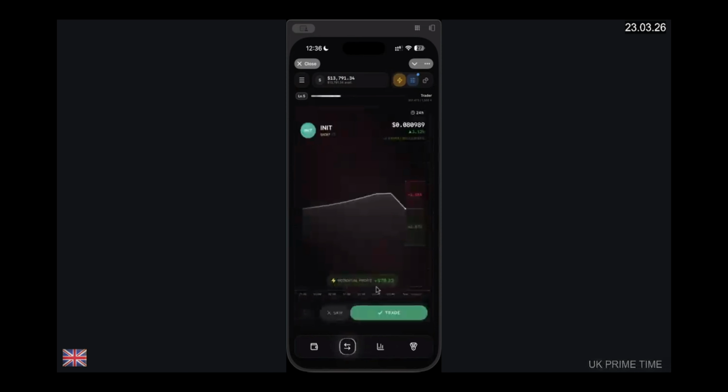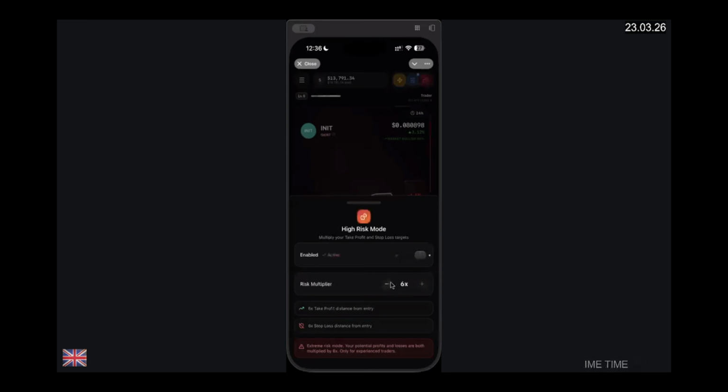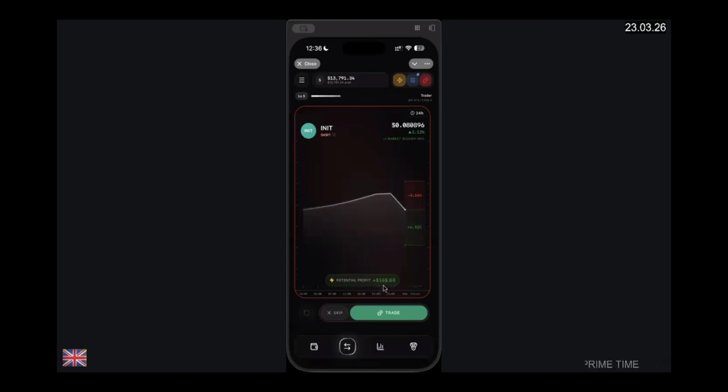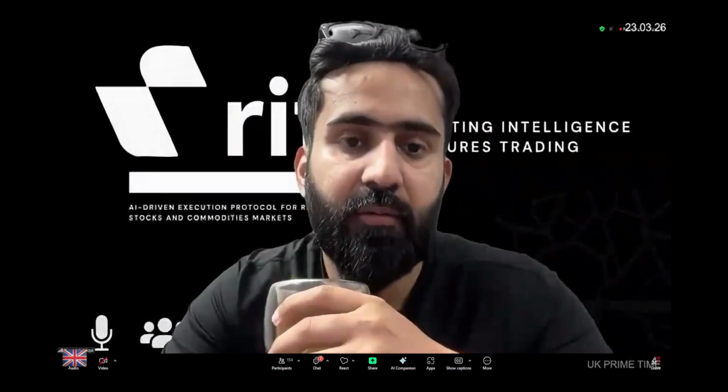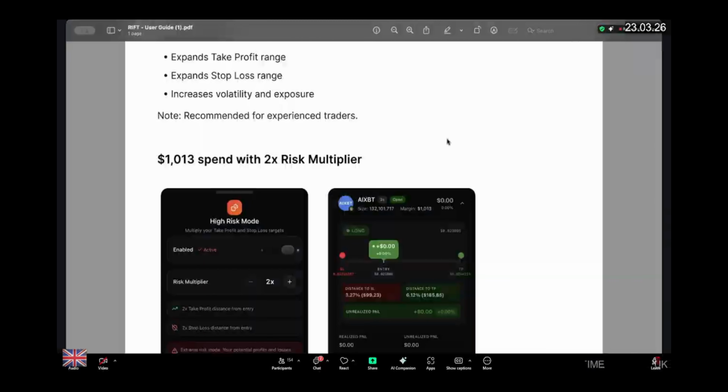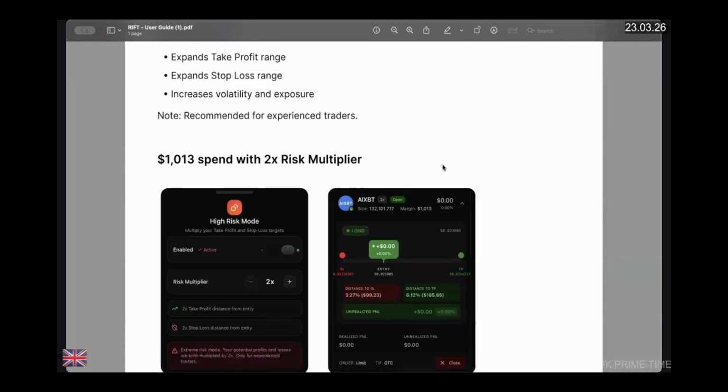That makes it around $40 worth of stop loss point and $74 worth of take profit point. Now if we put high risk mode on the same trade at 2x, we will see a different behavior. The same trade is now giving us a $149 take profit point, and this is how the behavior of the trade cards, the behavior of the opportunities that you see, changes, and it gets customized according to the risk appetite that you want to go with.